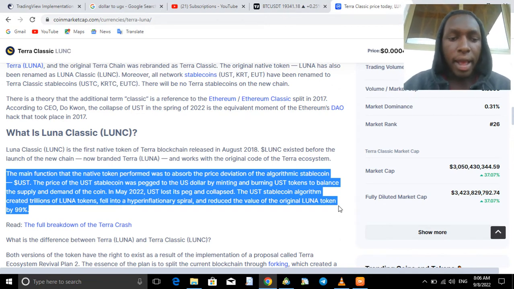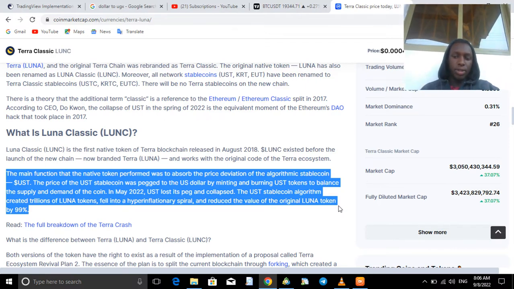Why? The amount of USDT which was stocked to act as a stabilizer for these currencies went below the expected amount. So this currency didn't have a lot of backup for it to stabilize in price.